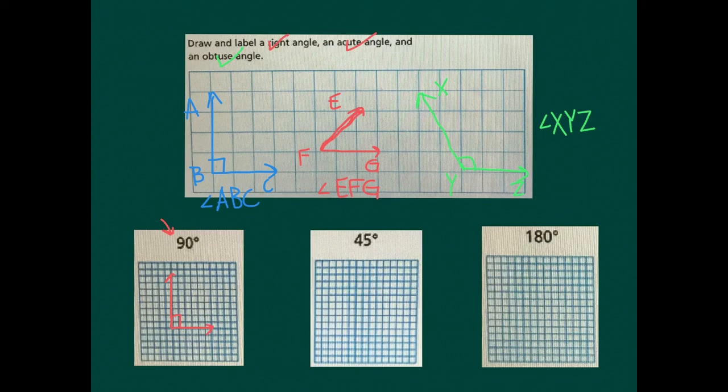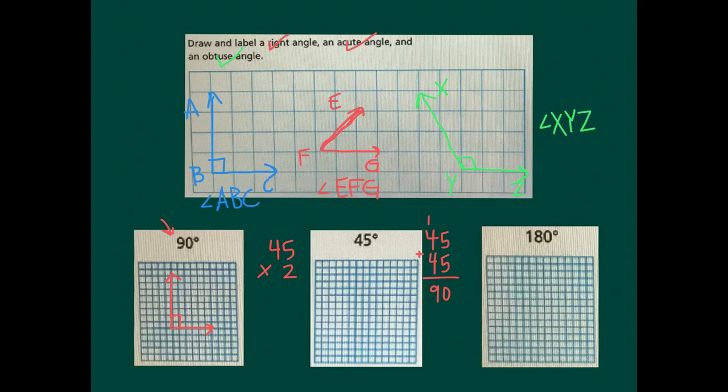Now, 45 degrees. I'm going to be teaching you in class how to use a protractor to draw them. But remember that 45 is half of 90, because if I take 45 plus 45, or if I took 45 times 2, either way, you're going to end up with 90.